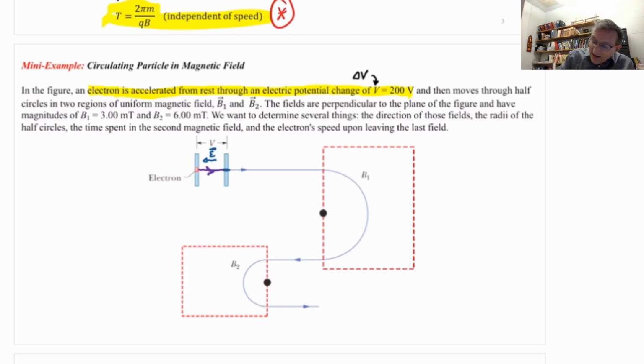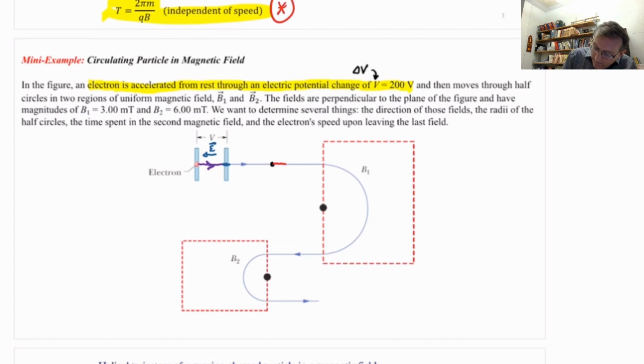And the electron can then exit and then travel through this region with a velocity v in a straight line, okay, until it enters this rectangular region over here inside this red dashed box. And inside that region, we have a uniform magnetic field of magnitude B1. And it's either directed exactly out of the screen towards us or into the screen away from us.